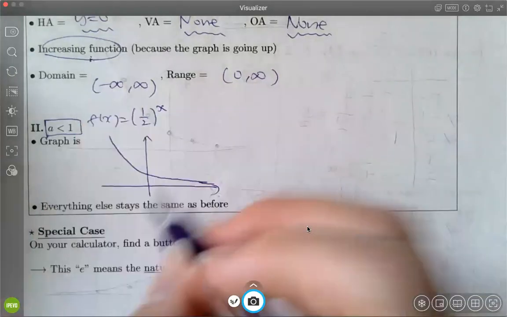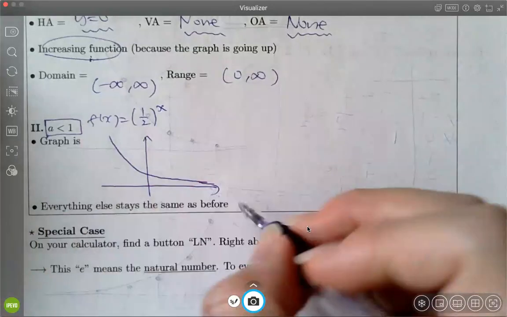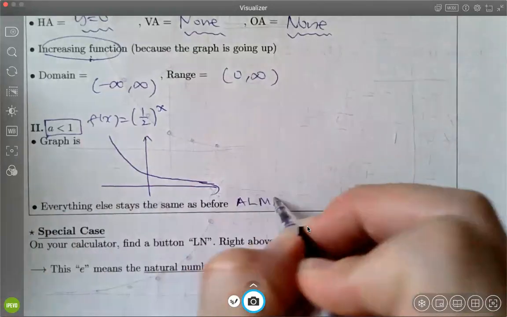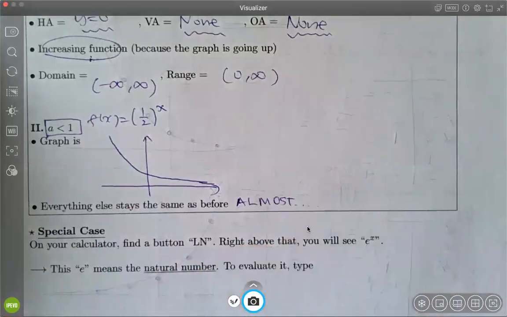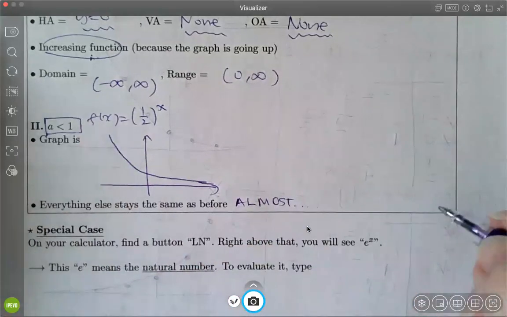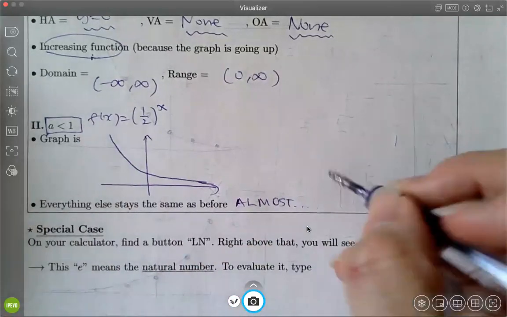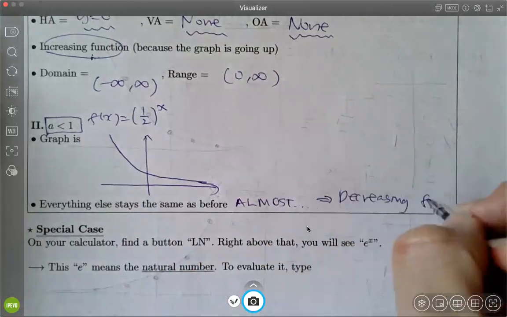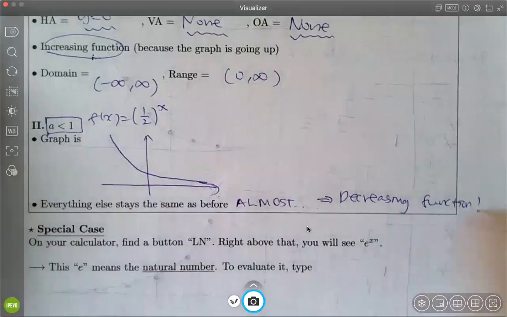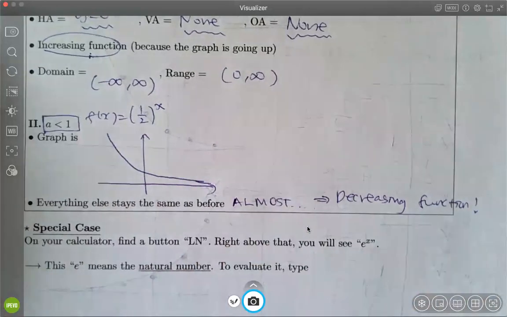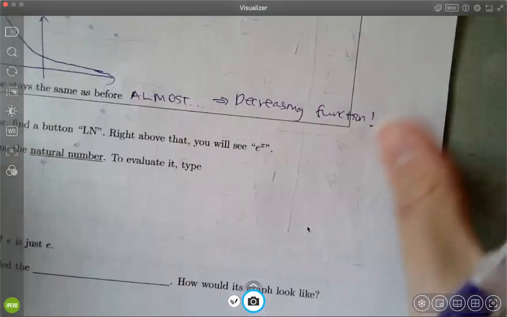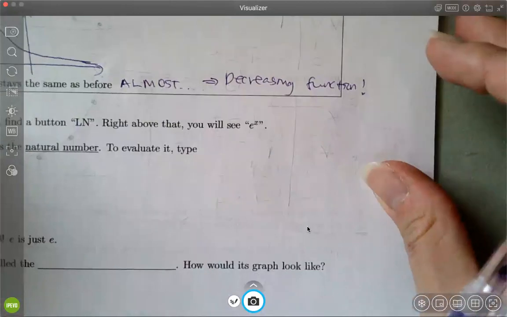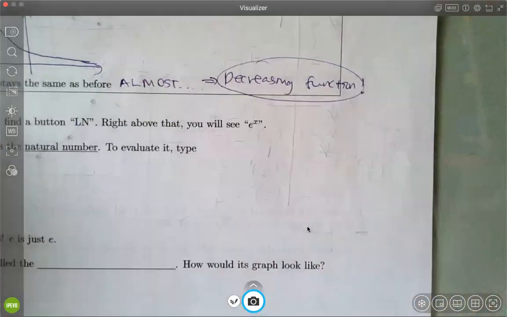Okay, so this one is kind of false, almost, because this is a decreasing function, right? Okay, and then everything else stays the same, yes. So other than this kind of trivial fact, which is a decreasing function, everything else stays the same.